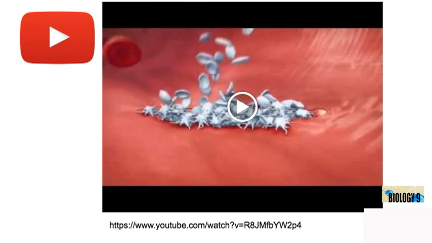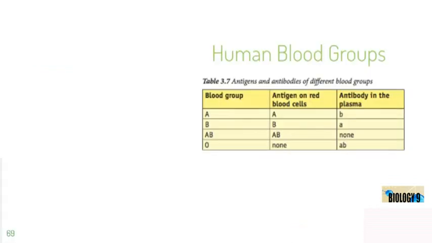Okay, let's talk a little bit about human blood groups. Have a look here on the table on the right. This is the different blood groups that are found in humans. There's 4 different types: A, B, AB, and O. How these are classified is due to some special proteins called antigens, which are found on the surface of cells, including red blood cells.